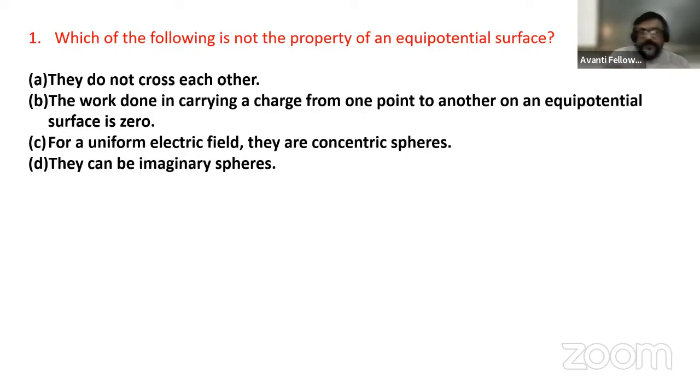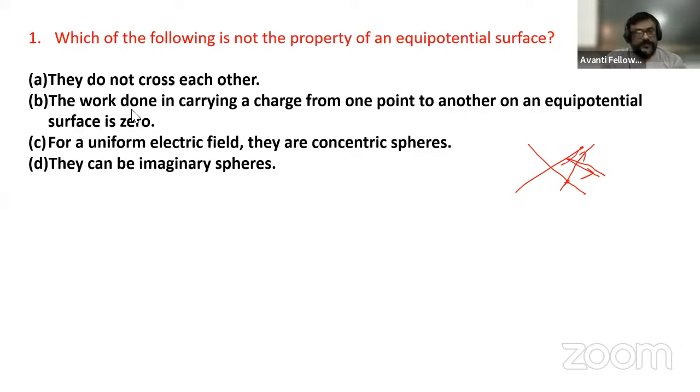So if two equipotential surfaces are intersecting like this, and you draw one normal to this one, and another normal to this one, these two electric field lines also will intersect. So what we can conclude from this is that equipotential surfaces can never cross.